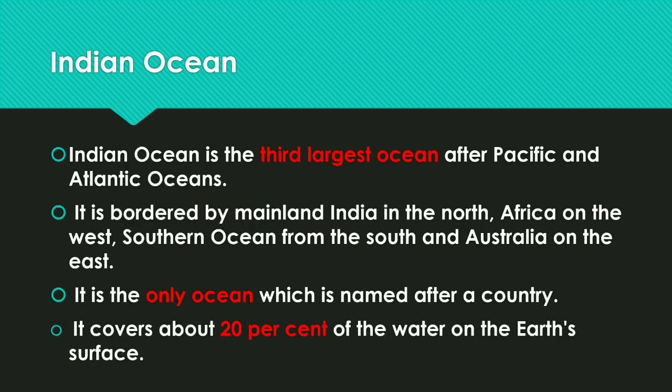Indian Ocean. Indian Ocean is the third largest ocean after Pacific and Atlantic Ocean. It is bordered by mainland India in the north, Africa on the west, Southern Ocean on the south, and Australia on the east.